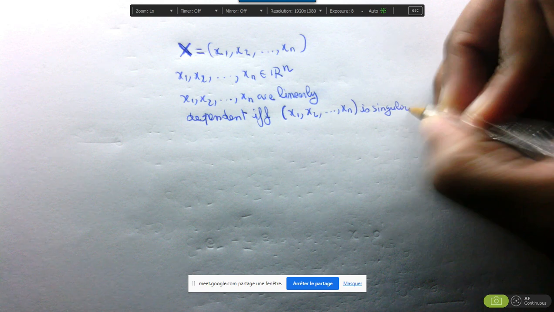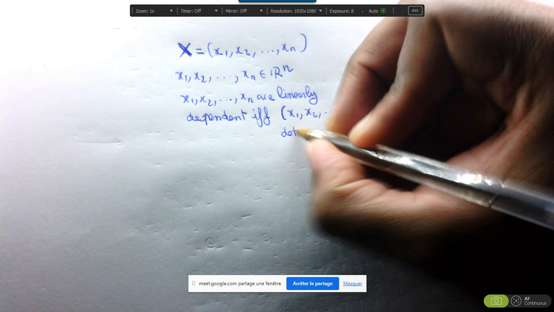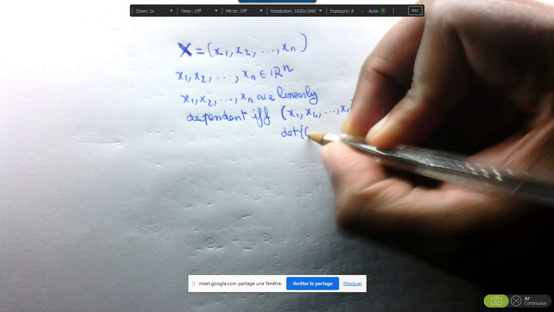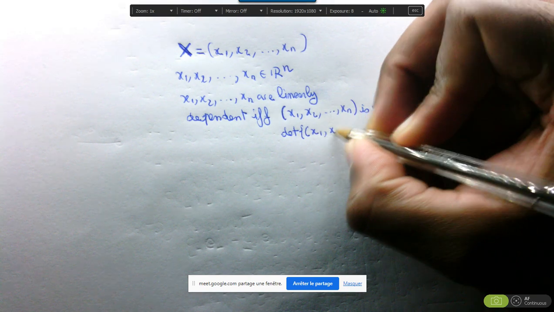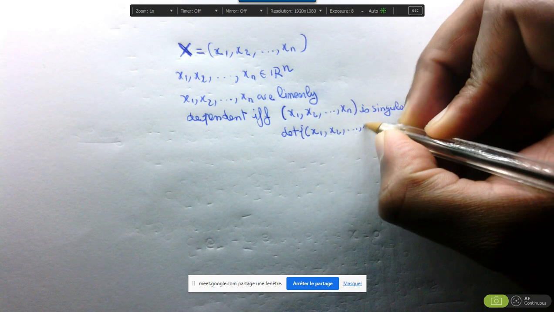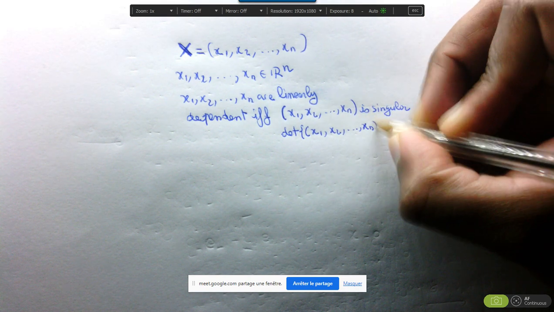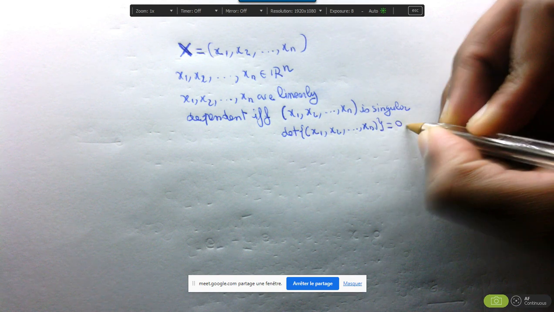In other words, the determinant of that matrix has to be equal to 0.